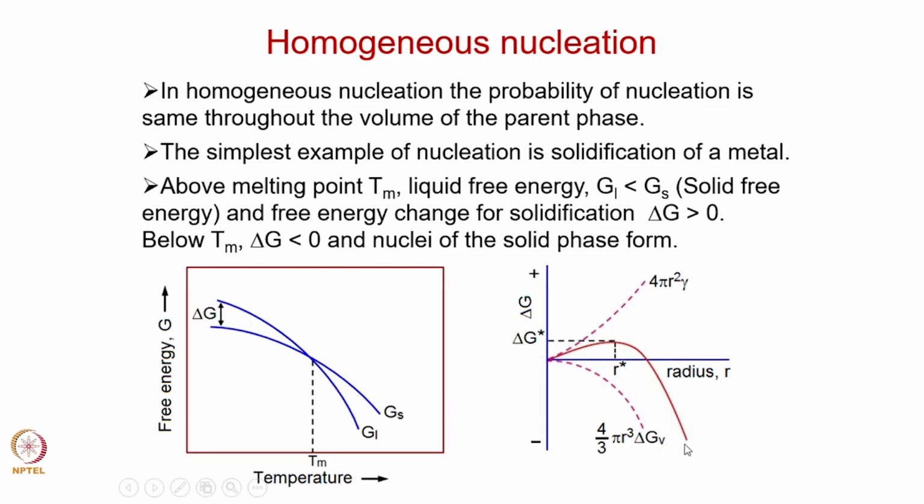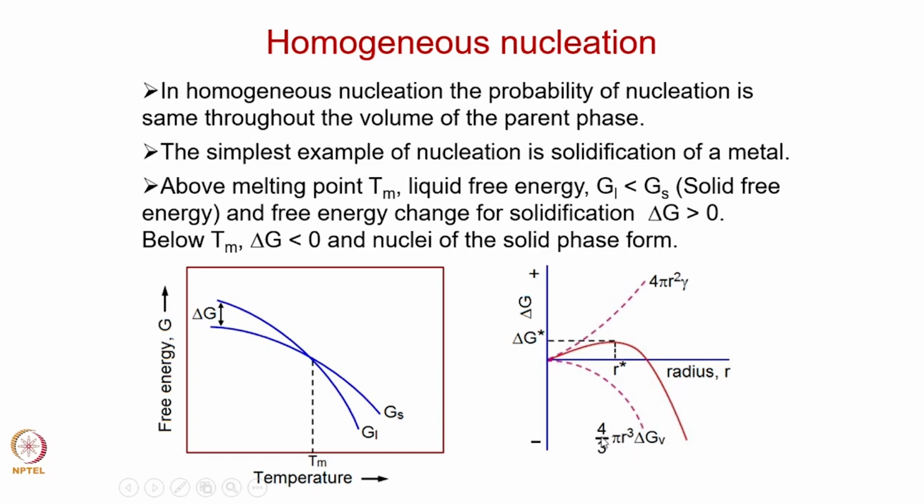So if you consider this tiny particle of the solid as a spherical particle, then the surface area would be 4 pi r squared, and if gamma is the specific surface energy, that is, surface energy per unit area, then the surface contribution to the free energy change is 4 pi r squared gamma.